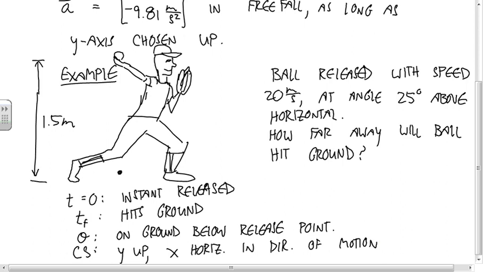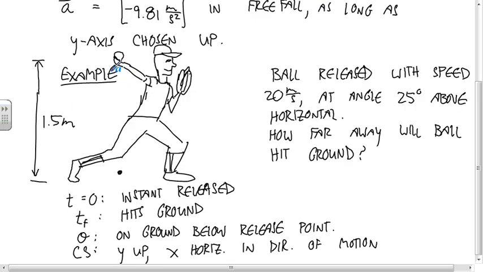And now we can start to list out what we know and what we want. Do we know either component of the initial position? So at the instant it's released, here's the coordinate system finished.